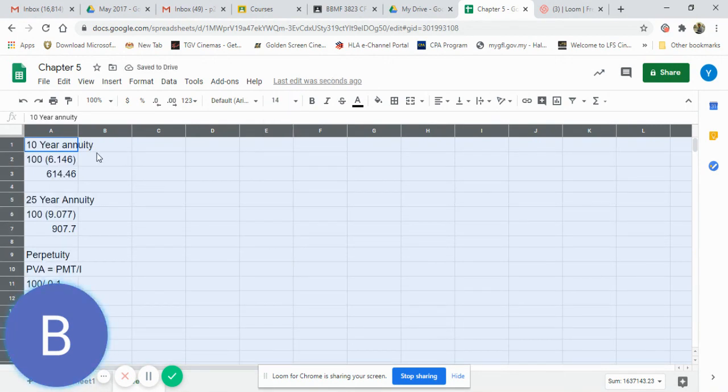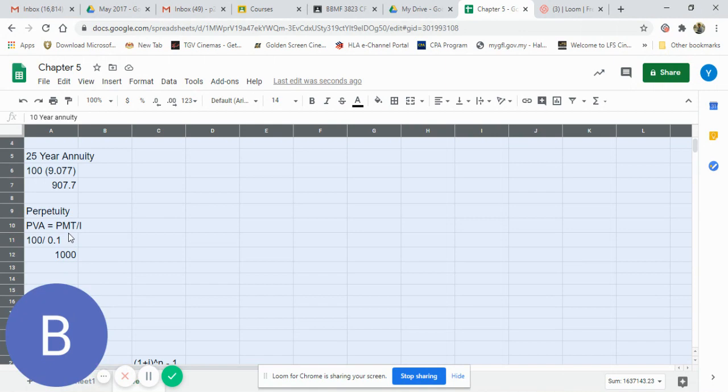All right, so for your 10-year annuity, you would be getting 100 times 6.146, 614.46. For the 25-year annuity, you should be getting 907.7.